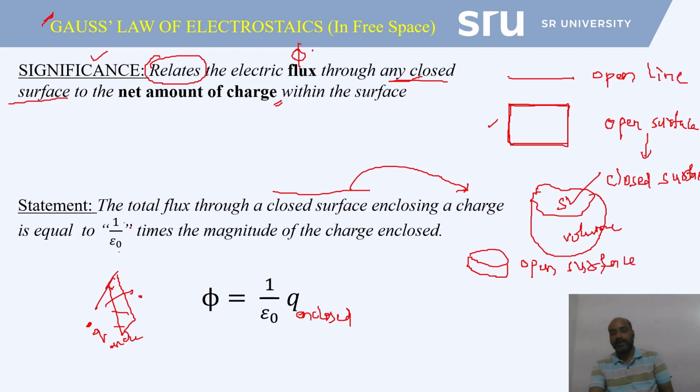Here we are not taking the bottle, we are considering only the cap. Now if you close this cap to the bottle, this cap is a closed surface because it is enclosing some volume. Right? So a closed surface means the surface is enclosing some volume.